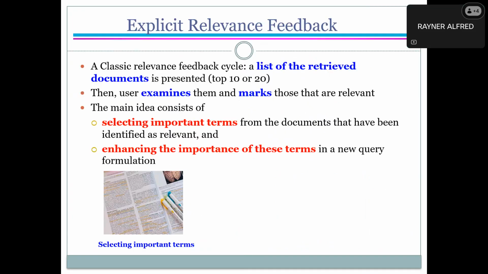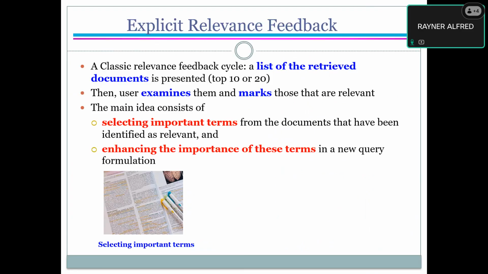Okay, so the idea is when we have the explicit relevant feedback, we will have a list of documents and the user will mark those which are relevant to the query. So what we need to do is, based on the marked document, we will extract the important terms.